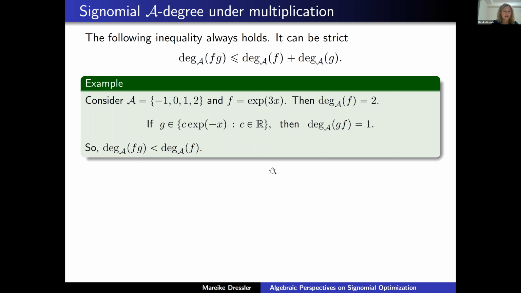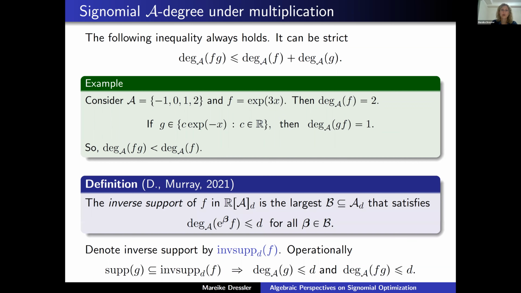And in view of this example, we also have to introduce something we call the inverse support. Namely, this is just the support set that satisfies the following.